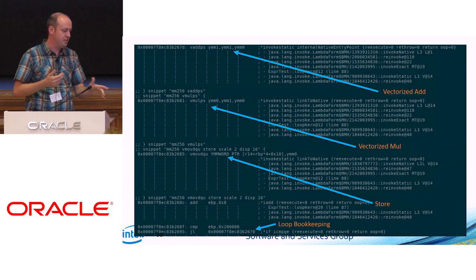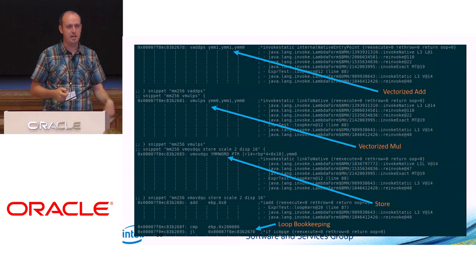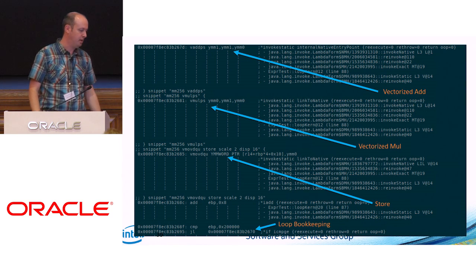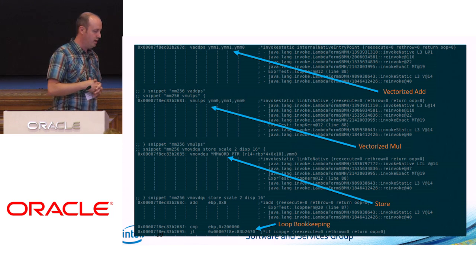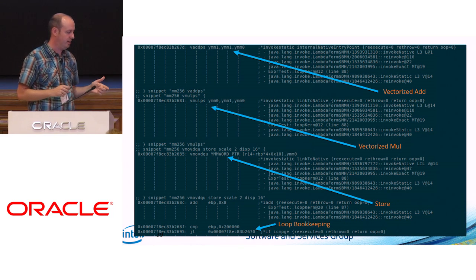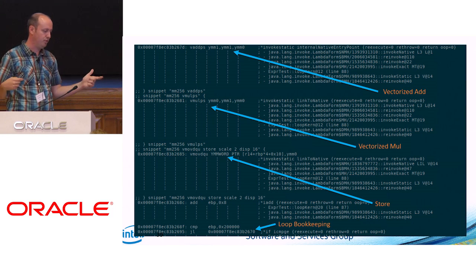So essentially, this is a counted loop, except that it steps 8 instead of 1. So at the bottom, you see just the loop bookkeeping. So we compare to, I think hex 200,000 is the length of the array, just for test's sake. And then if we're there yet, if we're there, we fall out.